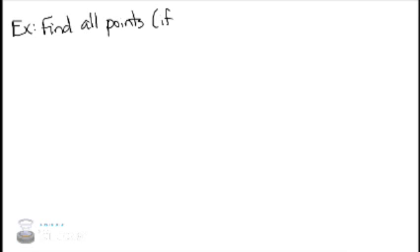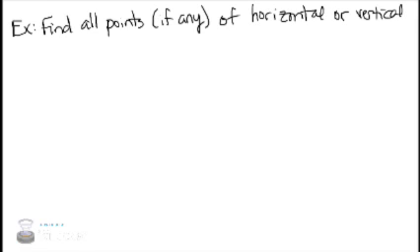All right, another thing you might be asked to do is to find the points where we have horizontal or vertical tangent lines to the curve. So it'll say something like, example, find all points, if any, of horizontal or vertical tangency to the given curve.